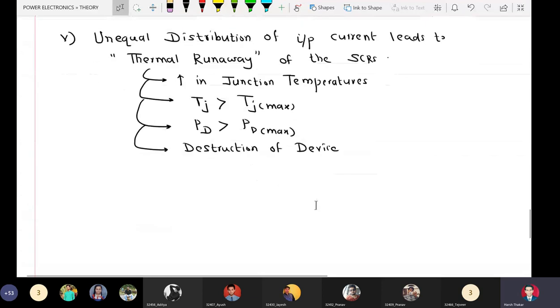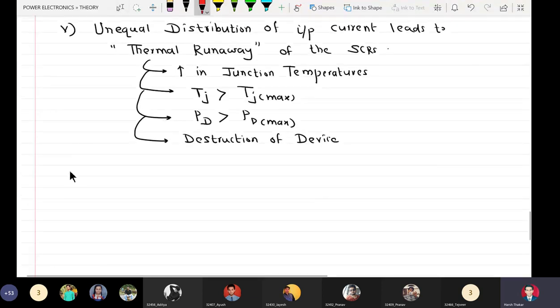So what is the solution to this? The solution is given for two different circuits. One is AC circuit and one is DC circuit.